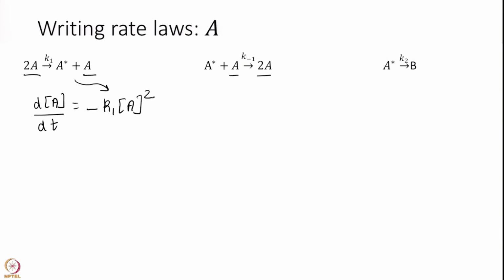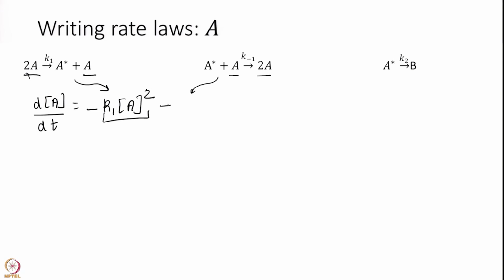The minus sign comes because A is consumed by 1 mole as the extent, and this component is simply the rate constant into reactants, nothing more, no more thinking on that. And I have a coefficient 2 here, so I write a 2 here, irrespective of whether A was in the product or not. I do the same thing on this side.